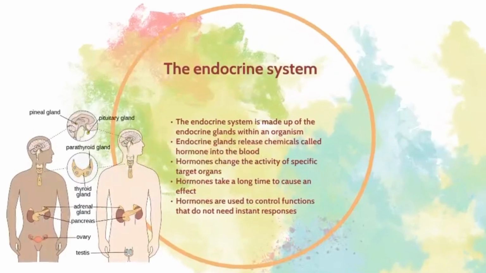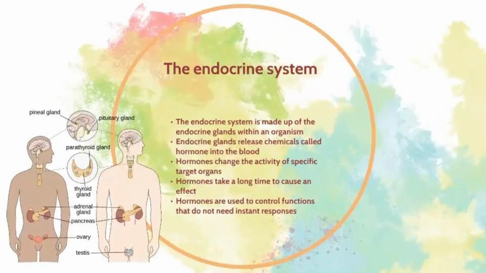As I said before, the nervous system works by sending electrical signals along nerves. The endocrine system works by sending chemical signals around the body. These chemical signals are called hormones, and hormones are released into the blood and can carry information from one area to another.